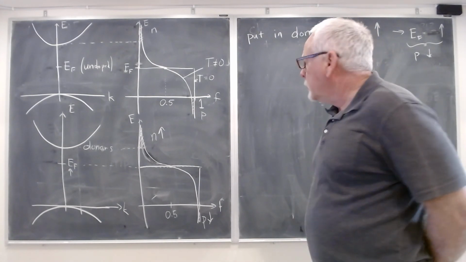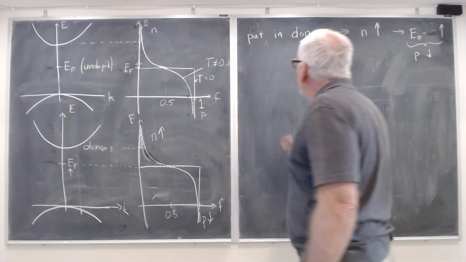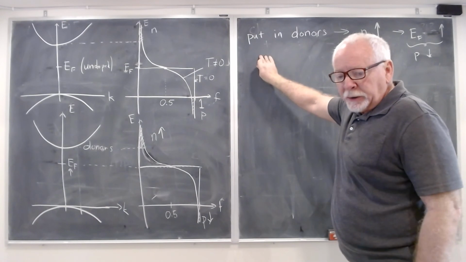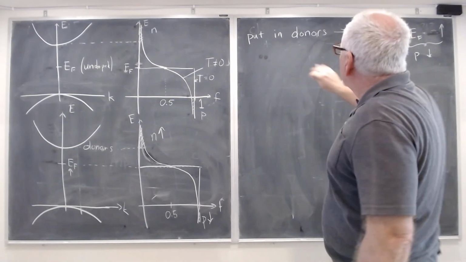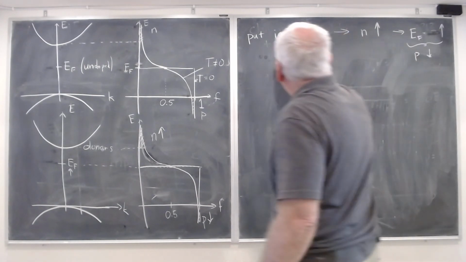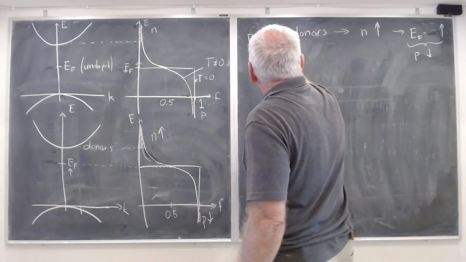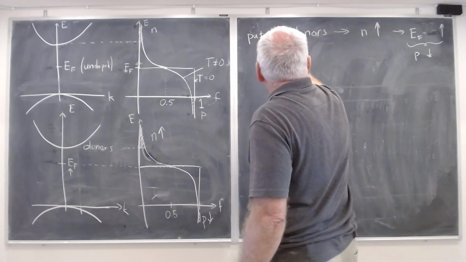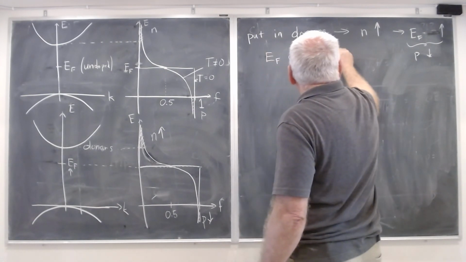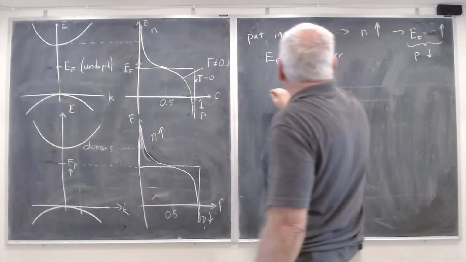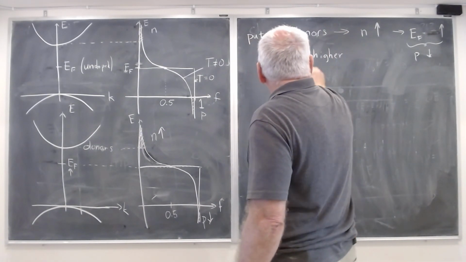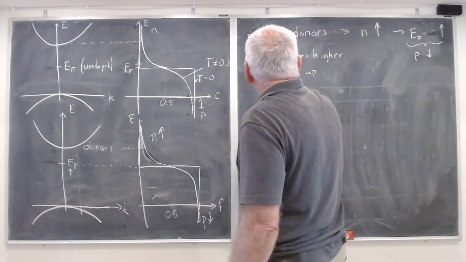Okay, so the main lesson today is, if I put in donors, EF goes higher, N goes up, P goes down.